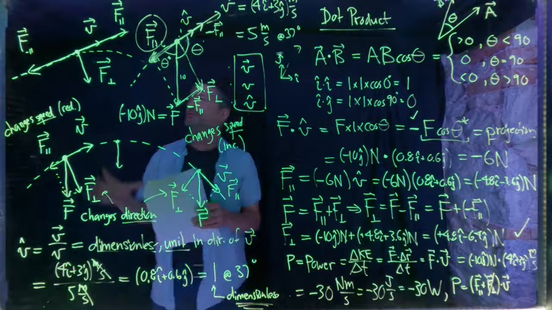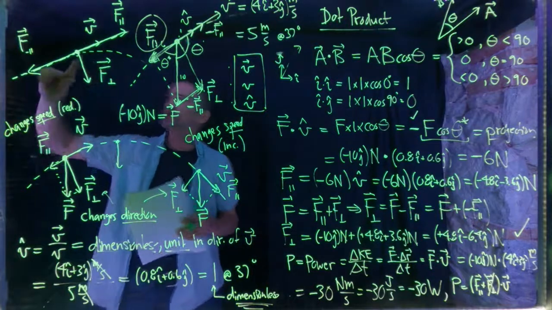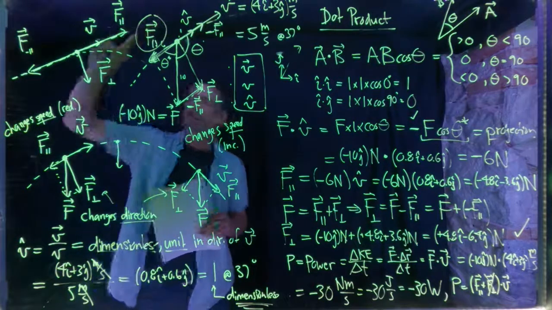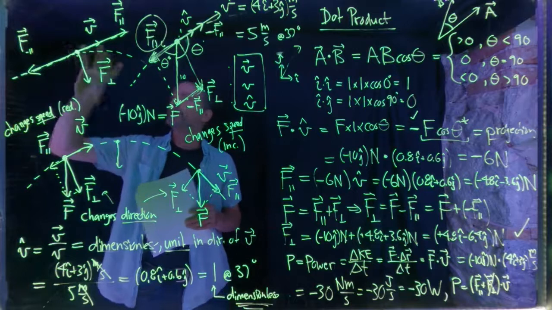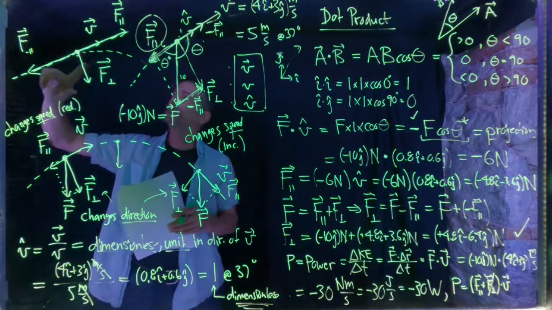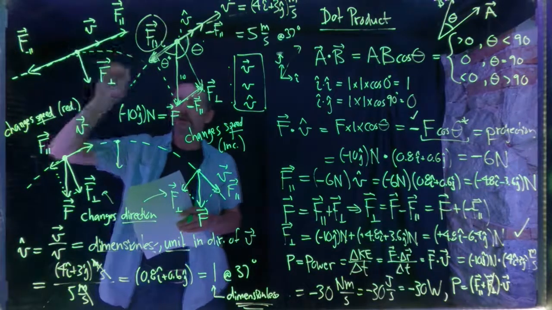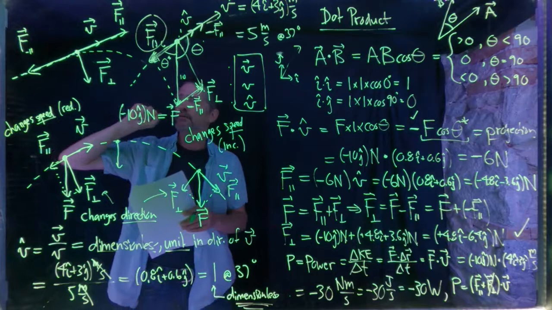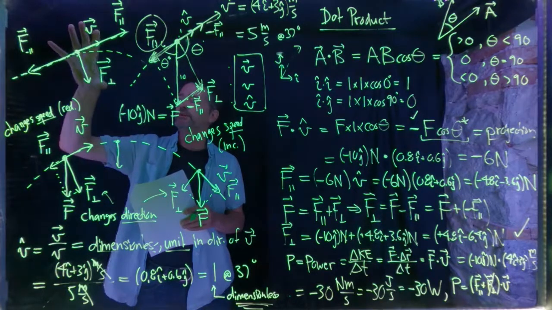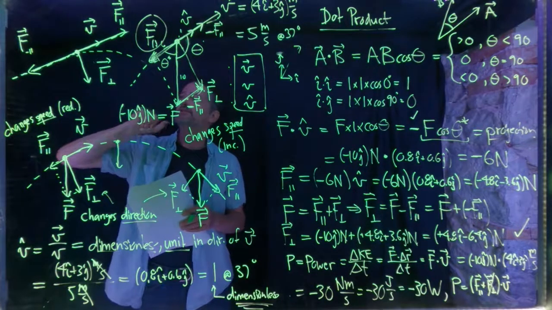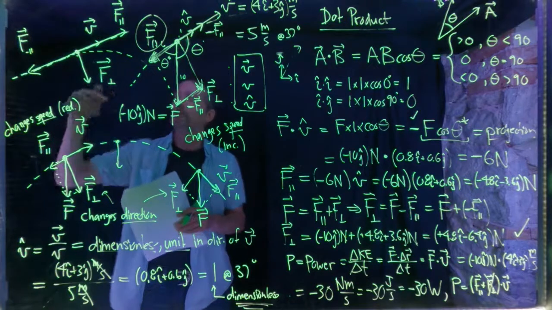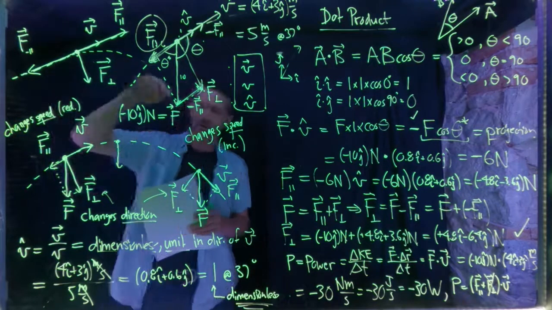If you have some motion in some direction, you're interested in how the force acting on it changes that motion. Components of force parallel or anti-parallel change the magnitude of the velocity, its speed. Components of force perpendicular to the motion don't affect the speed, but change the direction of motion.